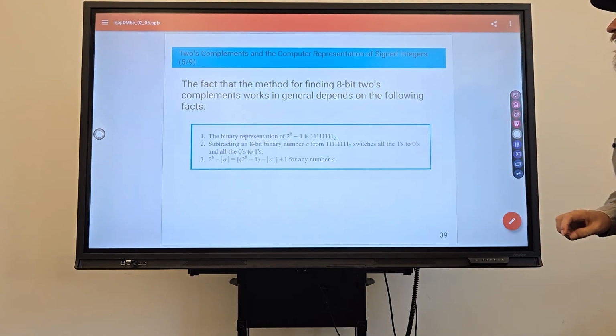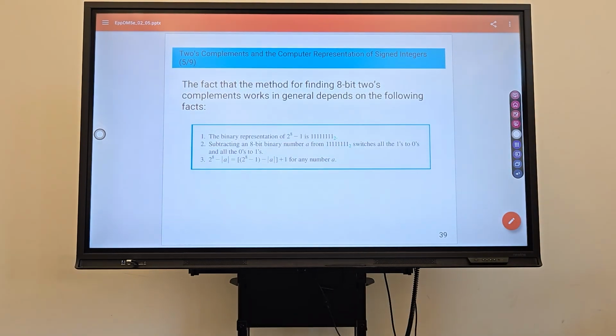The fact that this method works for finding 8-bit 2's complements in general depends on the following facts. The binary representation of 2 to the 8th minus 1 is 8 ones. Subtracting an 8-bit binary number A from 8 ones switches all the ones to zeros and all the zeros to ones.